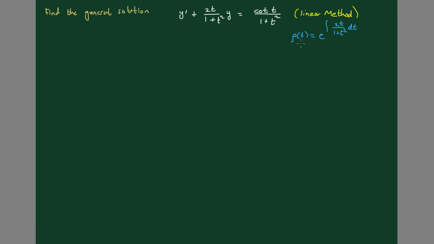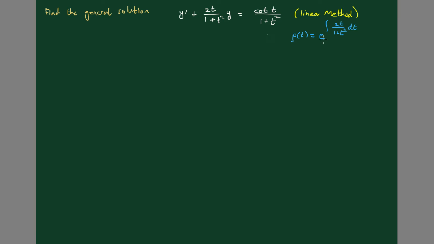Now the integrating factor is a function that you can multiply this equation by, such that the left-hand side of the equation looks like a derivative, more specifically a product rule.